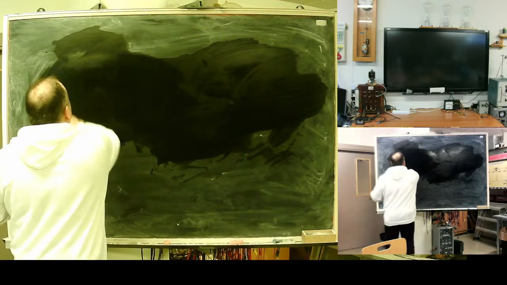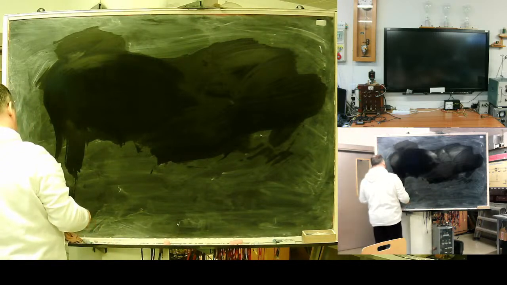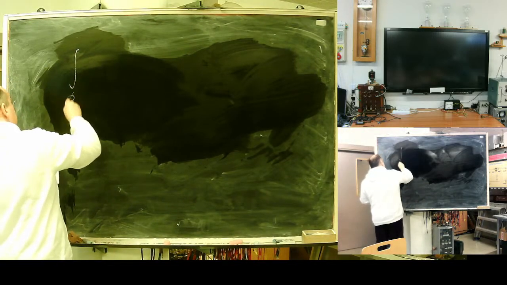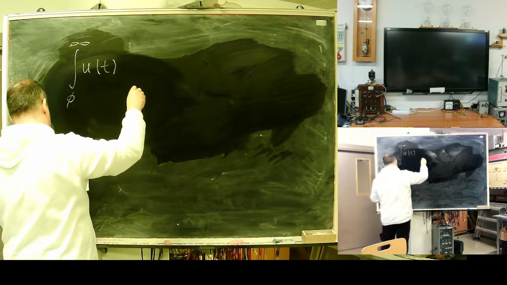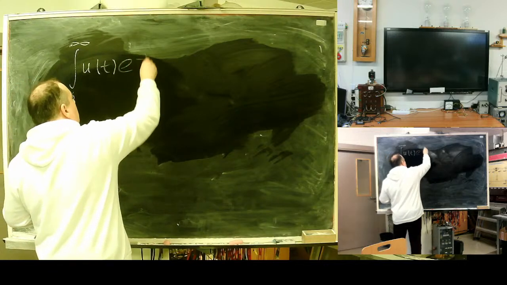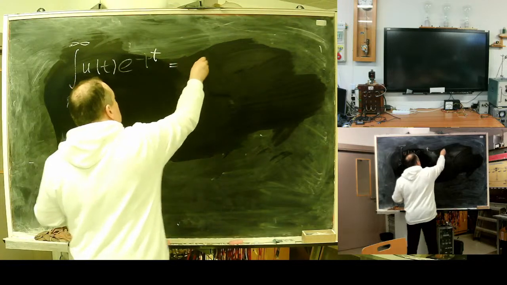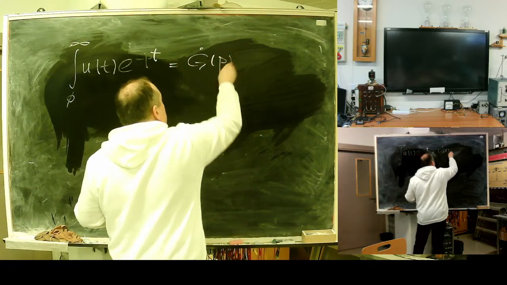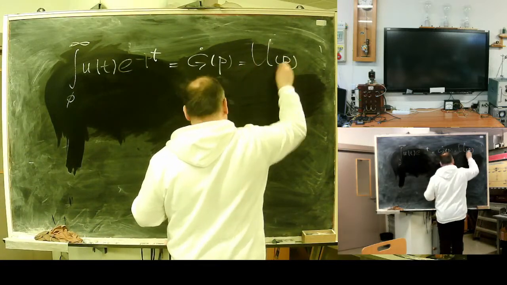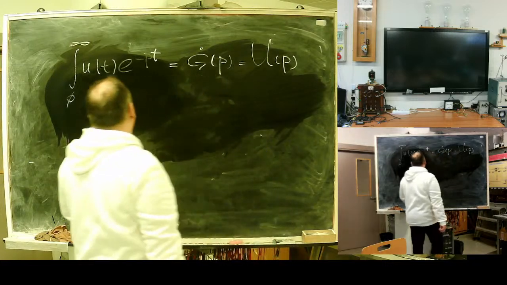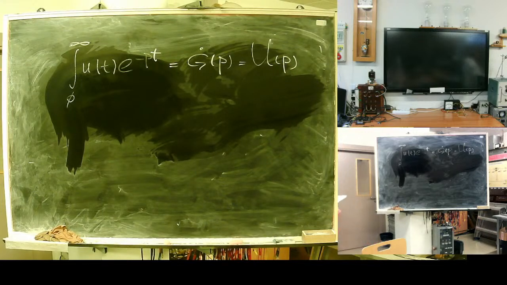Now I can write the Laplace transform. Integrate from 0 to infinity f(t) e to the power minus pt dt, which gives me the spectral function from complex frequency, or the so-called image of my original pulse. The name for this is image.